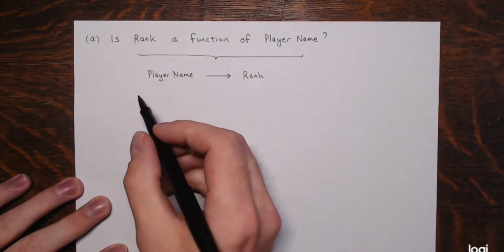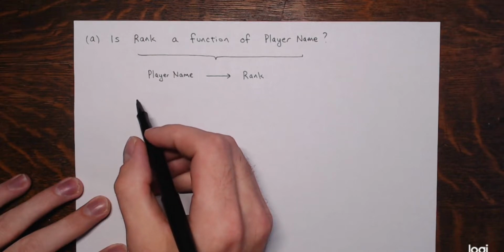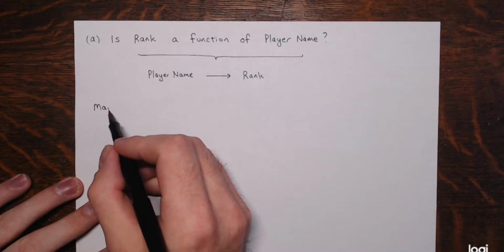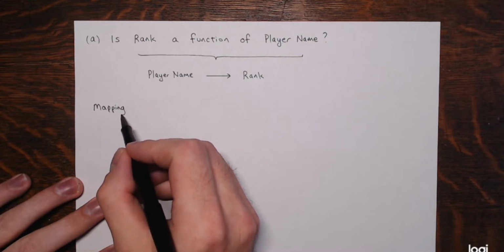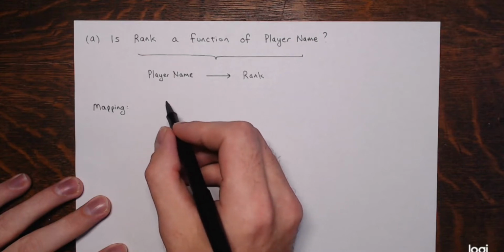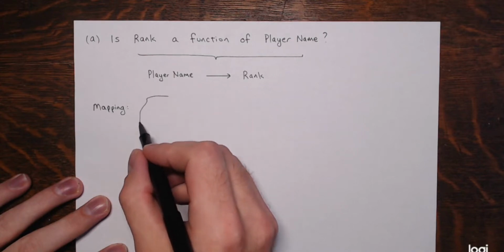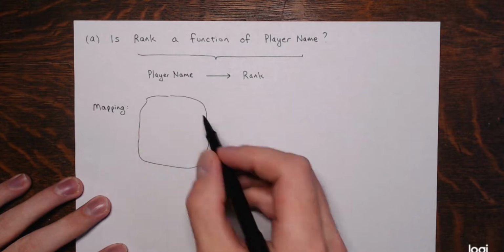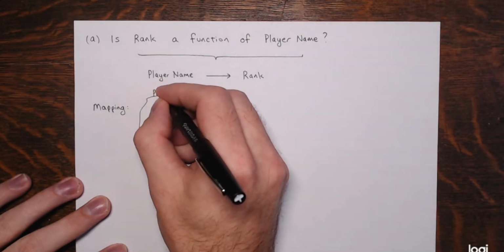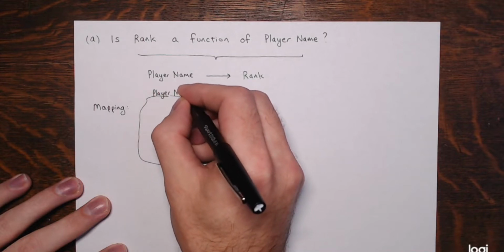So I'm going to make a little mapping. Now again, you can represent a relation in many different ways. Here's a mapping, a little arrow diagram. You have the player names over in one set. Again, I'm just making a big wavy box here. Here are the player names, the set of player names.